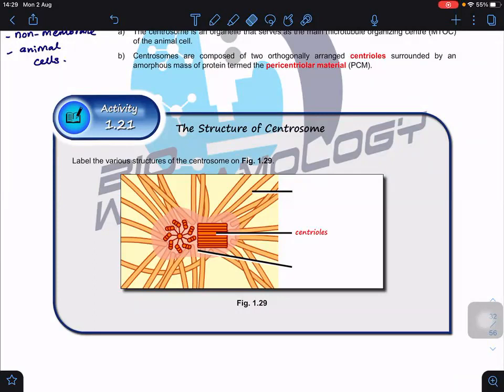I will explain more about the structure of the centriole later. Next, it is surrounded by the pericentriolar material. The entire structure is involved in the formation of microtubules. Can you see microtubules come out from this area? These are termed spindle microtubules.